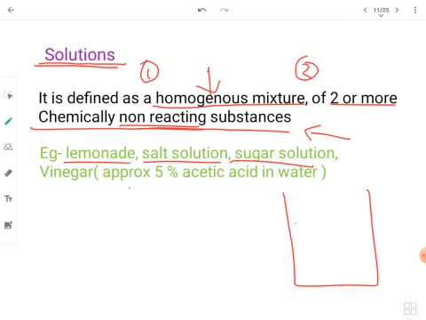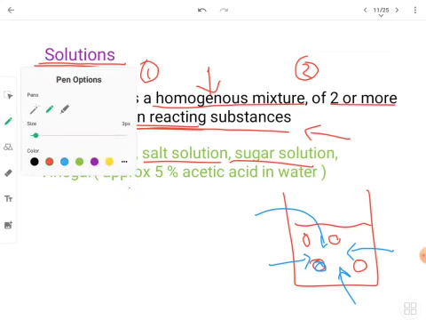For example, if these are the different water molecules and salt molecules are added, they simply take up the spaces between them. They are not reacting with these molecules, they are just occupying the space in between them, so they are not chemically reacting.